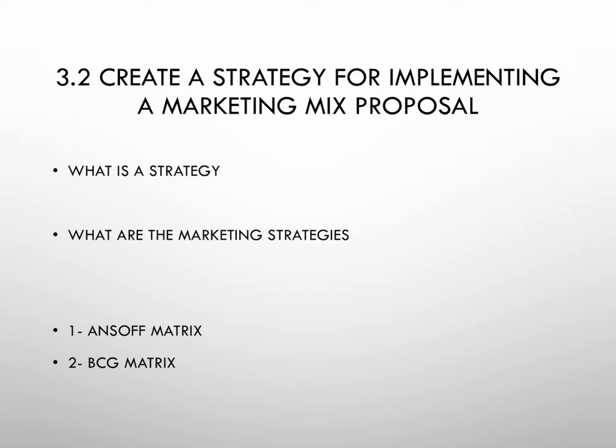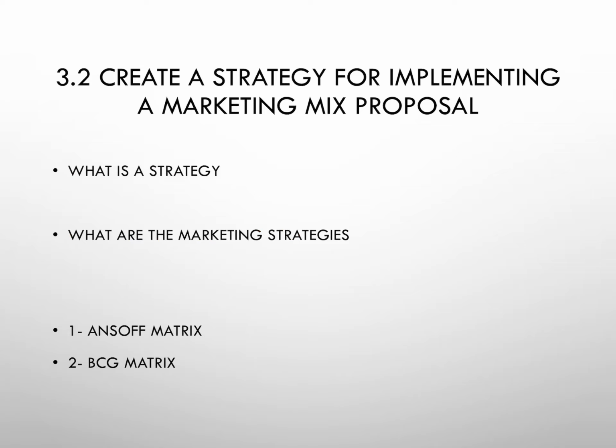So create a strategy for implementing a marketing mix proposal. Third one is create a strategy. This should be 3.3. Now we are going to look at what is a strategy. What is strategy? What are the marketing mix strategies?